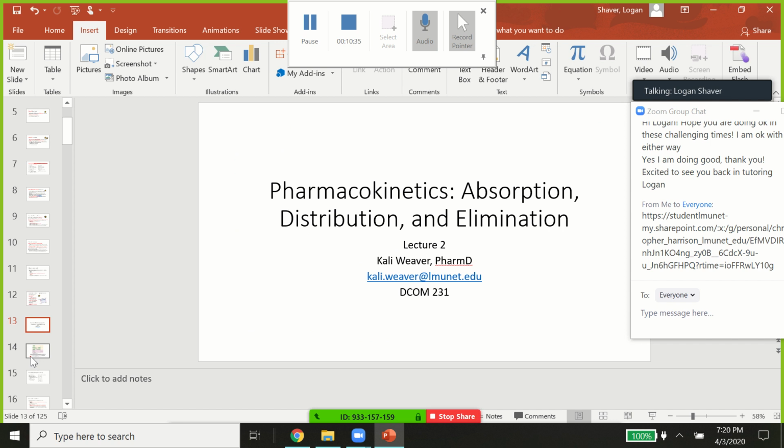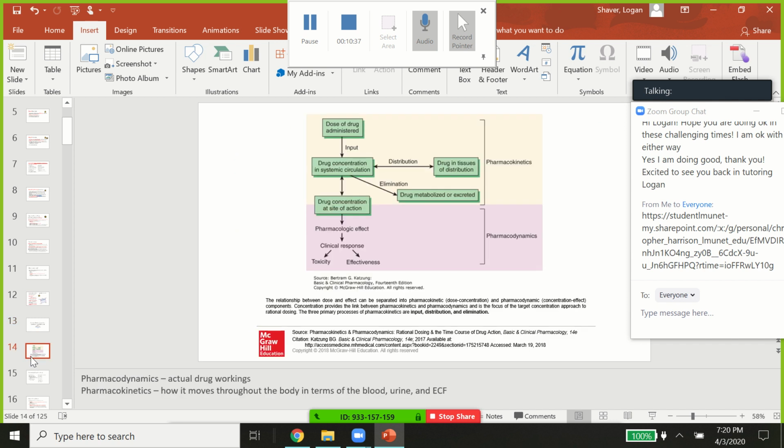All right, now on to pharmacokinetics. I included this slide just because the notes section has my thoughts in there. So I don't know if it'll help you at all, but anyway, the difference between pharmacodynamics and pharmacokinetics. Pharmacodynamics is kind of like how the drug actually works, the pathway that it goes down, what its actual effects are.